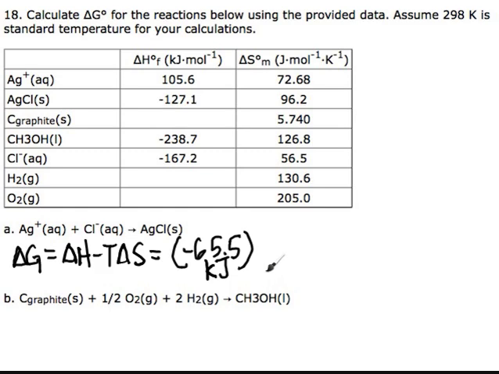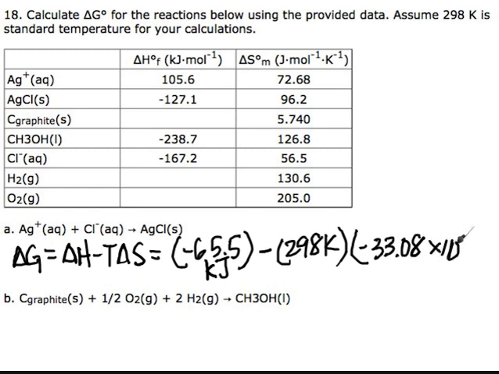And then we have minus 298 Kelvin times minus 33.08 times 10 to the negative 3, because we've got to convert to kilojoules also. This is kilojoules per Kelvin.